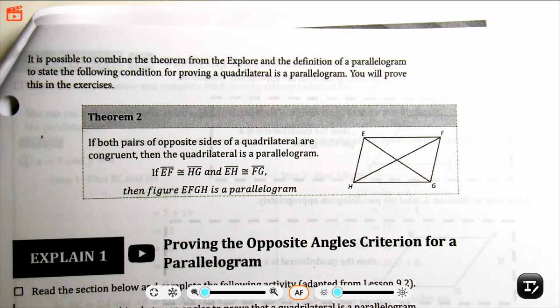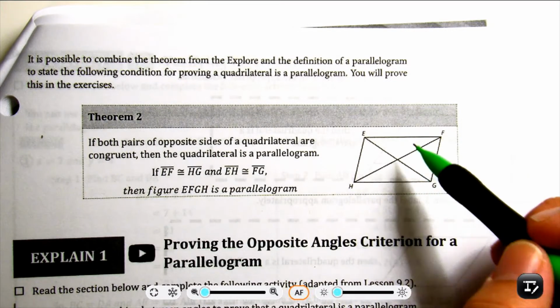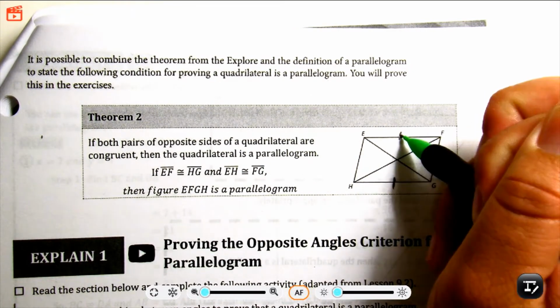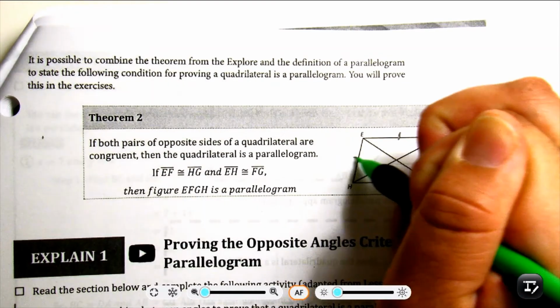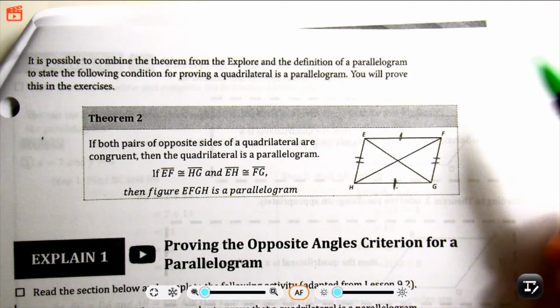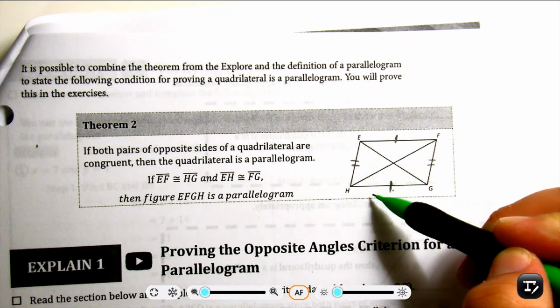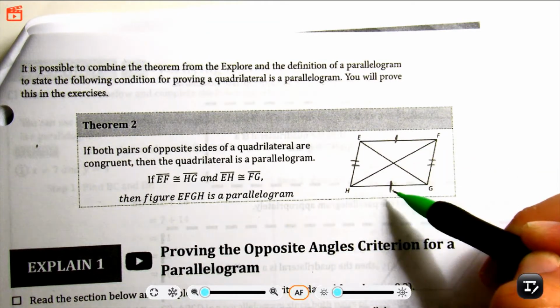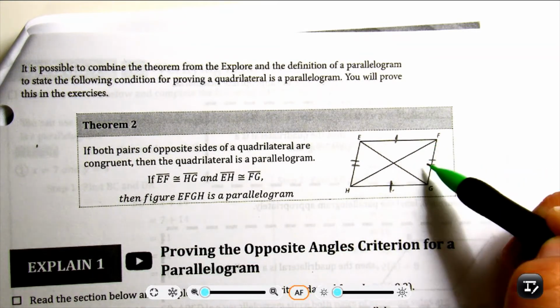So in this theorem, if we know that the opposite sides are congruent, if this side and this side are congruent, and if this side and this side are congruent, then that means that this is a parallelogram. Notice that in this theorem, we do not know anything about parallel sides as we did in Theorem 1. So Theorem 2 focuses just on opposite congruent sides.